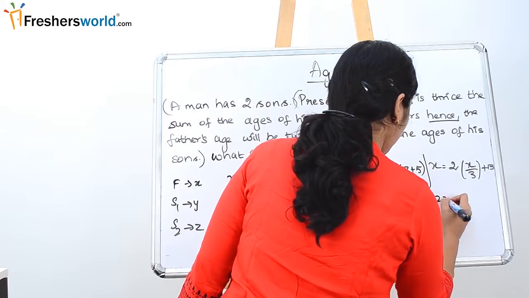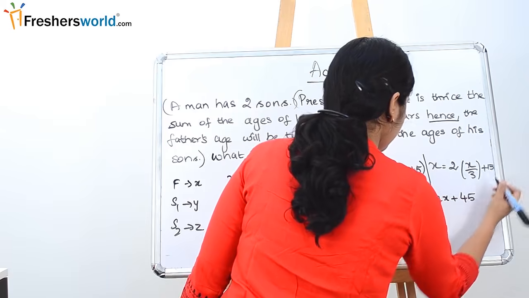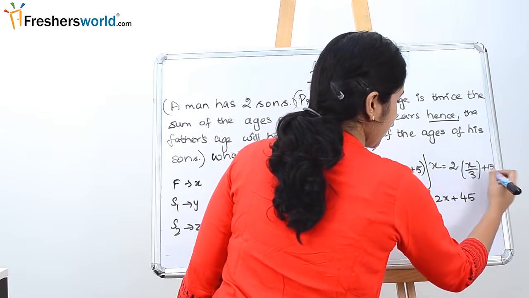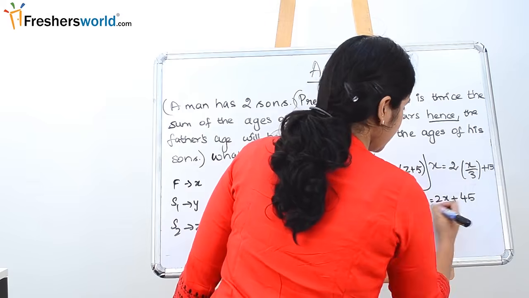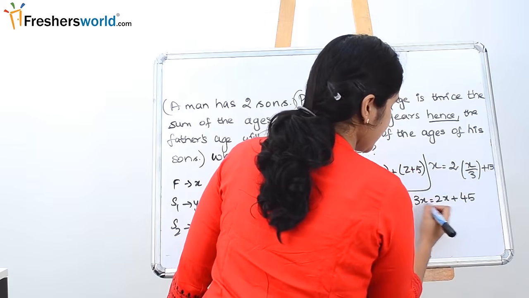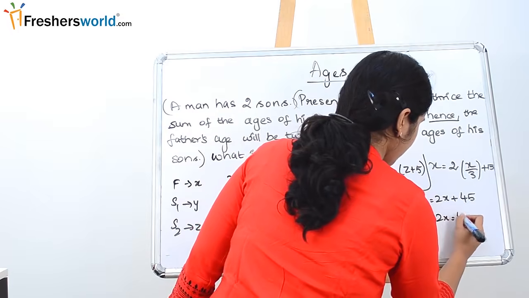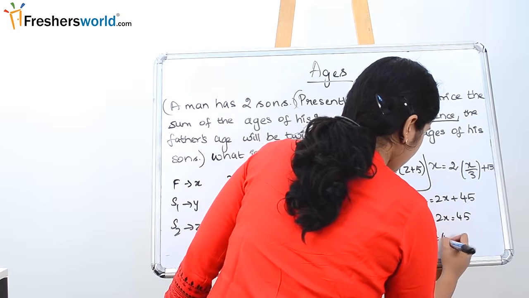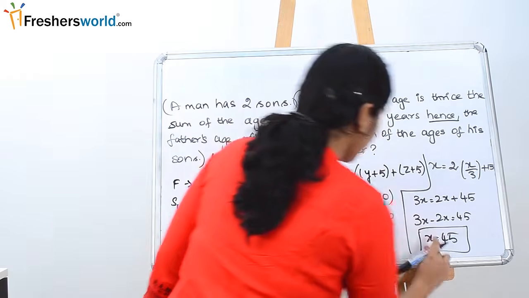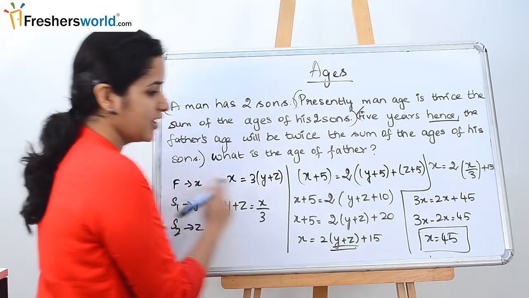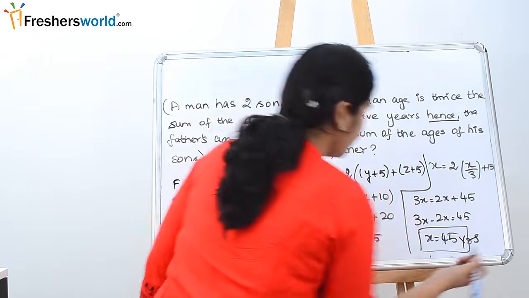So, I am cross multiplying it and making it a common denominator. So, the 3 goes here. So, it becomes 3X is equal to 2X plus 45. So, 3X minus 2X is equal to 45 and X is equal to 45. So, what is X? X is nothing but the father's age. So, the father's age is 45 years.